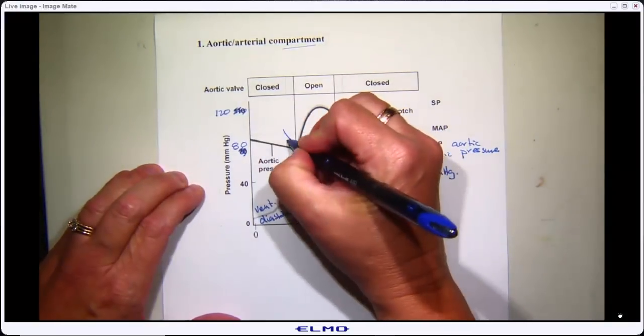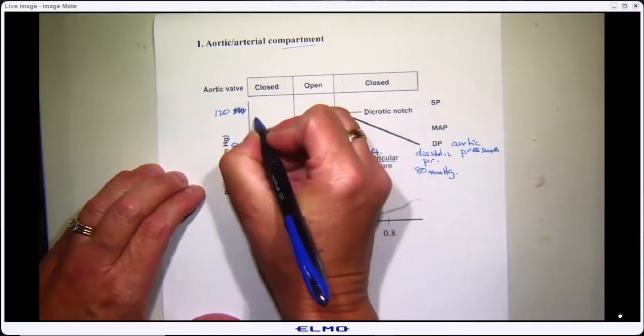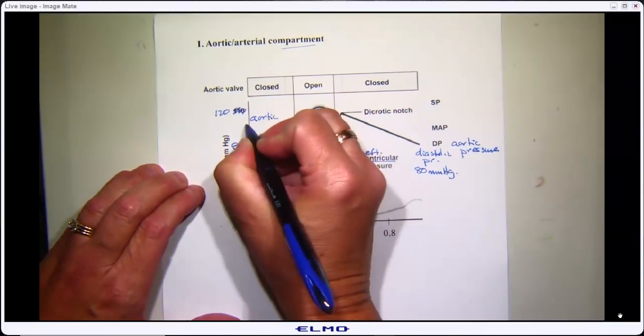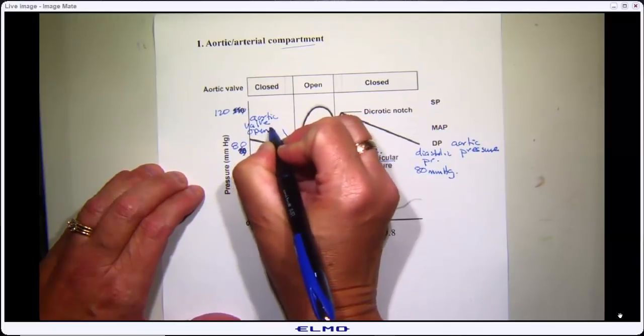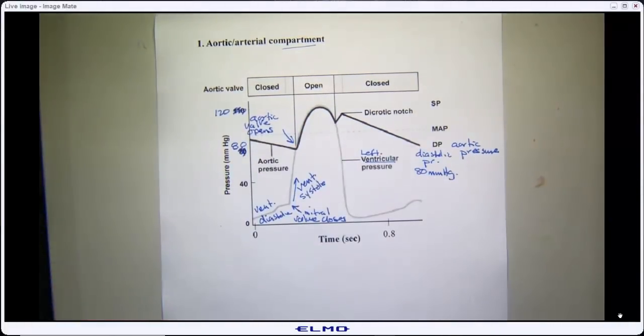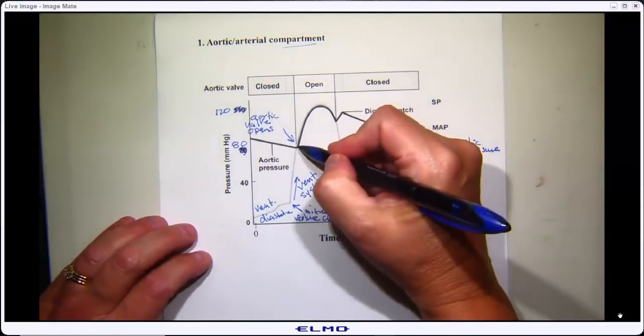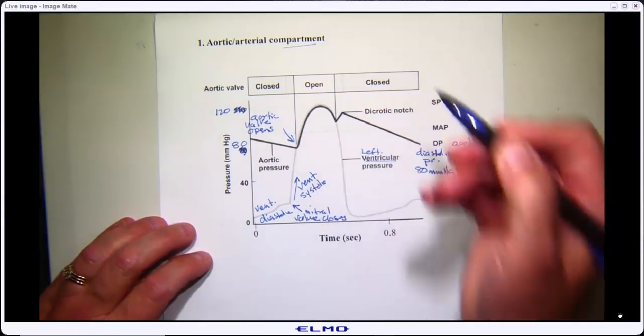Right, so right here, we get our aortic valve opening. So our aortic valve opens. The heart starts to eject volume now. Volume is going into the aorta. So we get an increase in volume and an increase in pressure in the aorta.